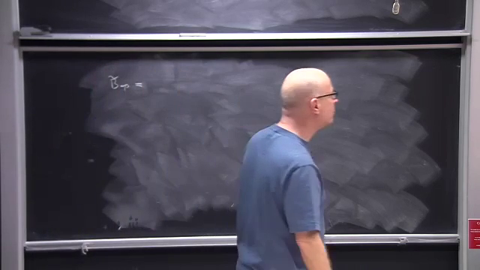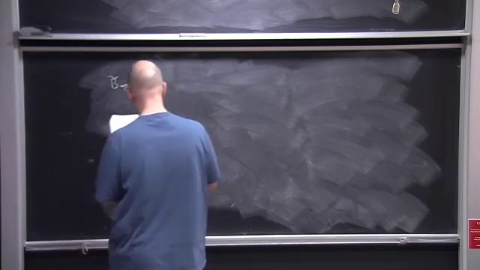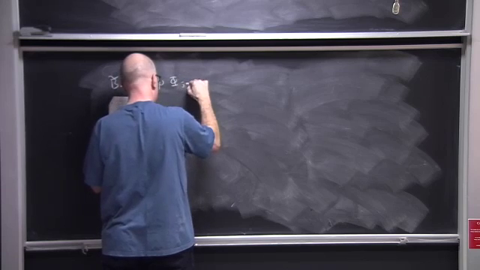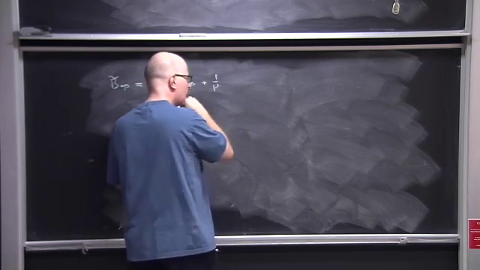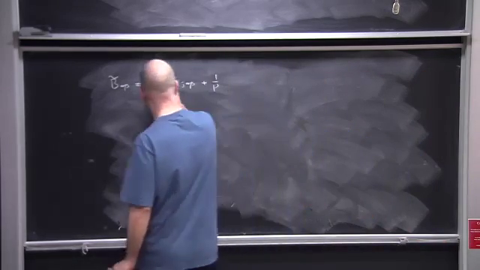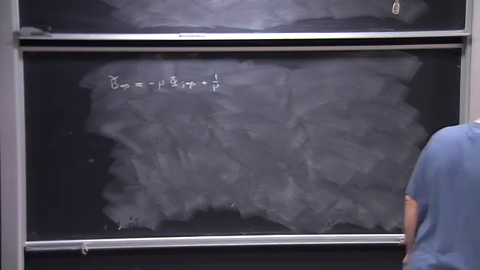Am I missing minus signs? No, I have one minus sign. Minus mu, and then plus mu k alpha d beta mu. So that's B by itself. And then I take this guy over here and I multiply by k.